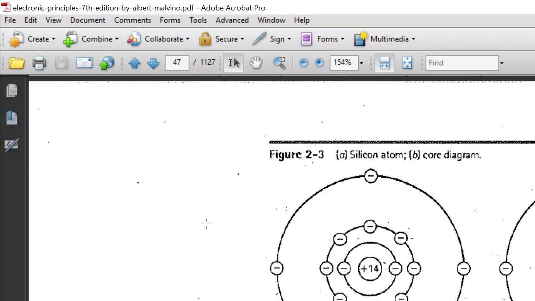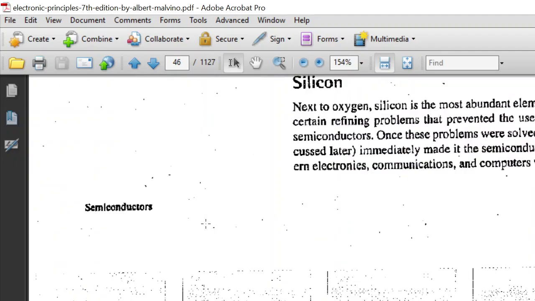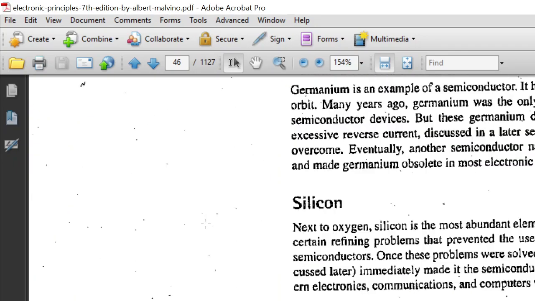Unless it is mentioned otherwise, for all the devices that we will learn in this course, we will assume that we are talking about silicon devices. Please mark this and remember this: unless it is mentioned otherwise, all the devices that we will be talking about in this course will be silicon devices.